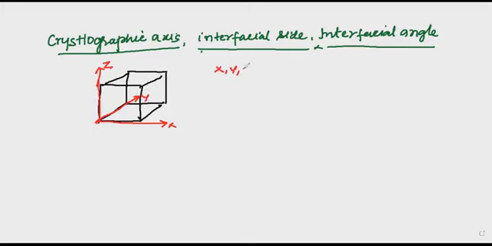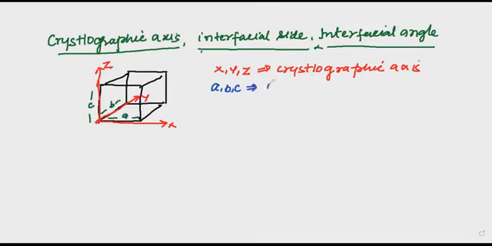So x, y, z. This is the crystallographic axis, and the length of the x-axis of the unit shell is A, y-axis is B, and z-axis is C. So you must remember that A, B, C. This is called interfacial side.